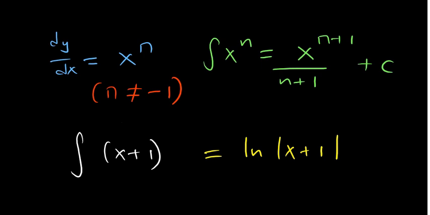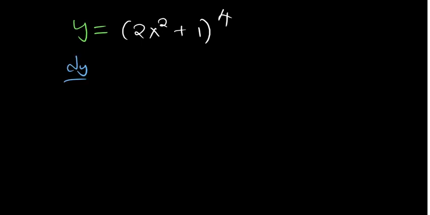Now just trying to make things a bit more interesting, the other thing that we know about in terms of differentiation, we called it the chain rule. So in a case where you have 2x squared plus 1 raised to the power 4, we understand that if you are to differentiate that, the dy/dx is going to be the coefficient you have there multiplied by the 4, you get a 4.